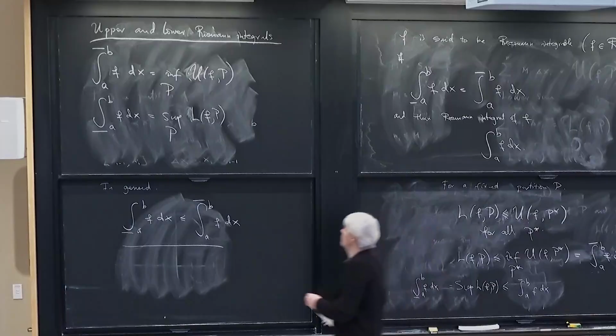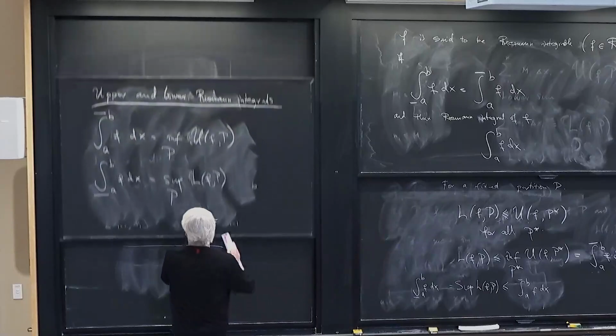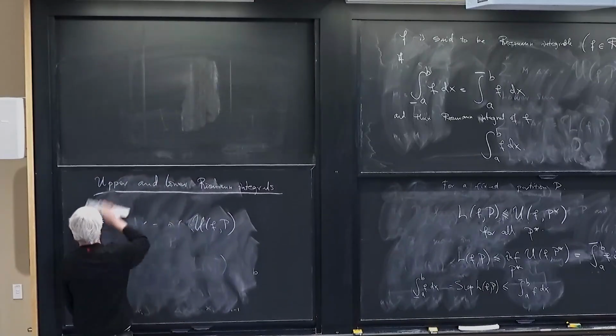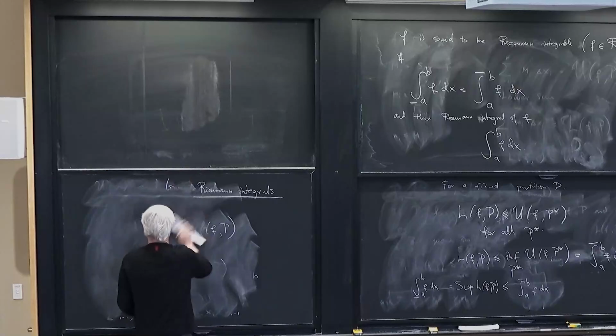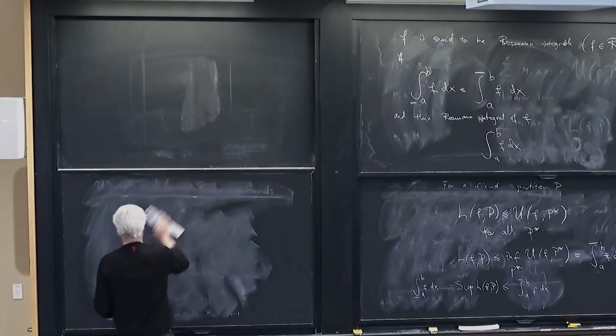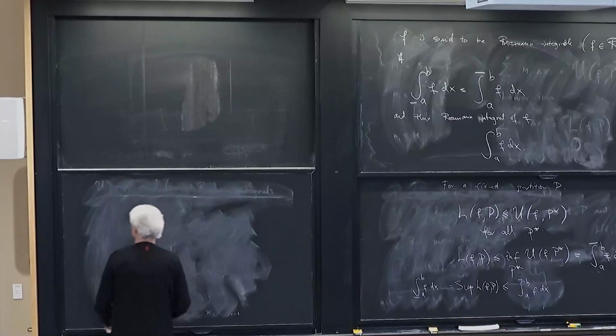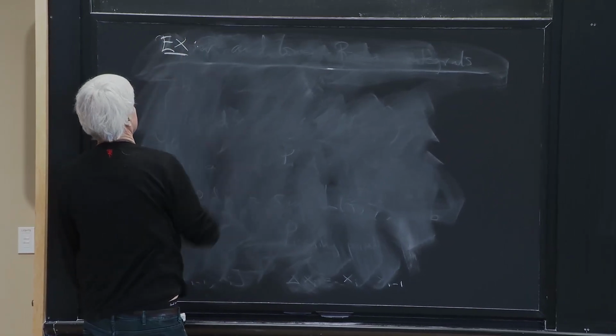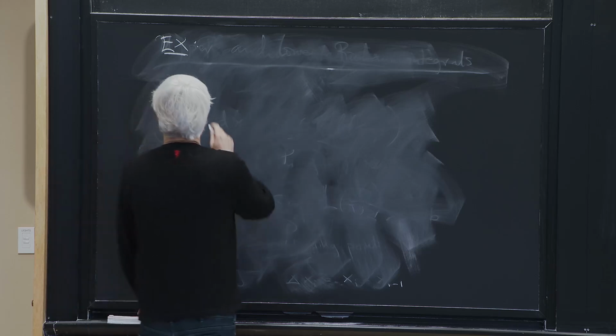Let me look at a function. We talked about that a little bit, but we didn't actually define it. So here's an example of a function that is not Riemann integrable.